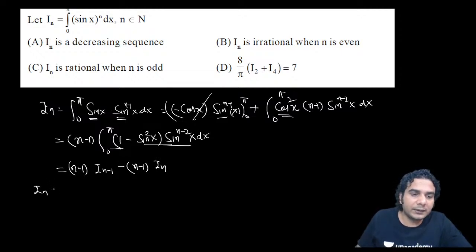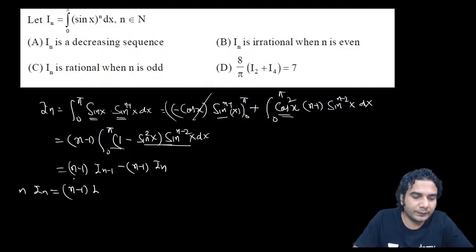So I_n is equal to, n times I_n is equal to n minus 1 times I_(n minus 2), all right?